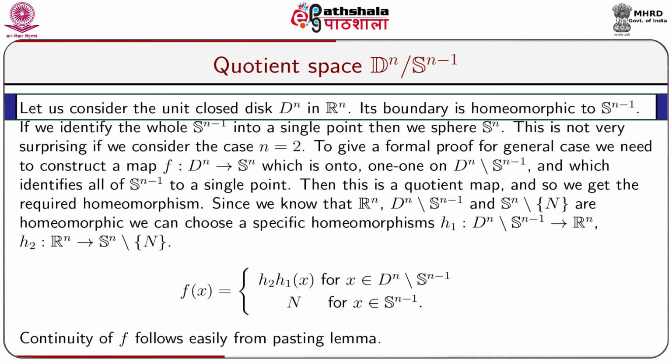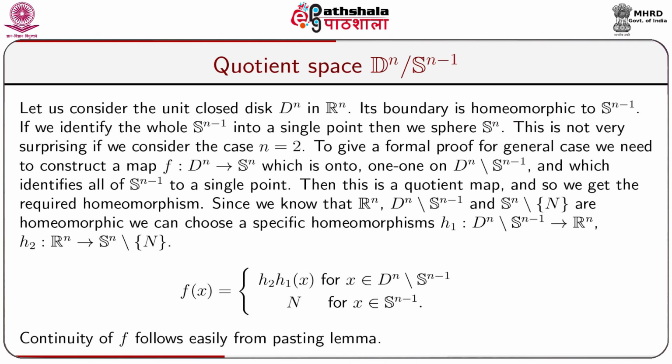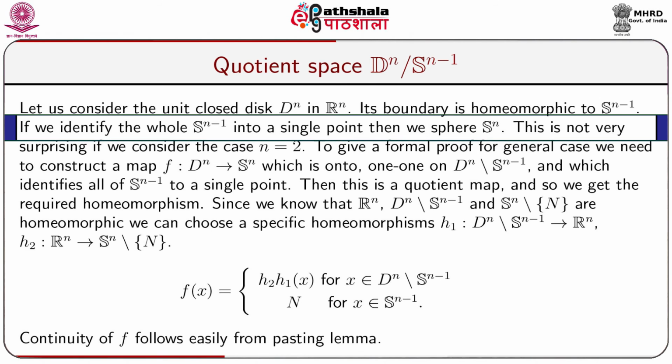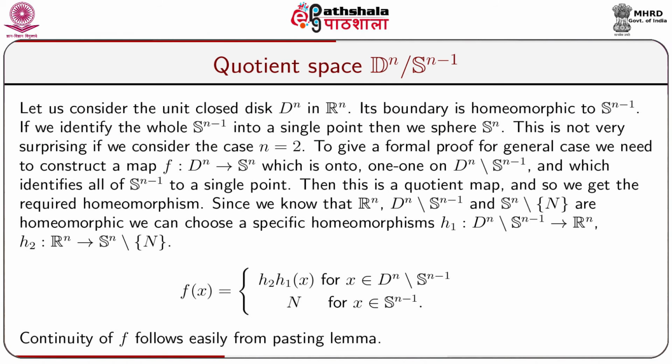For this, let us consider the unit disk Dn in the Euclidean space Rn. Then its boundary is homeomorphic to S^(n-1). Now, if we identify the whole S^(n-1) into a single point, then the corresponding quotient Dn by S^(n-1) will be Sn, which we wish to prove. This is not very surprising to visualize for the case n equal to 2.